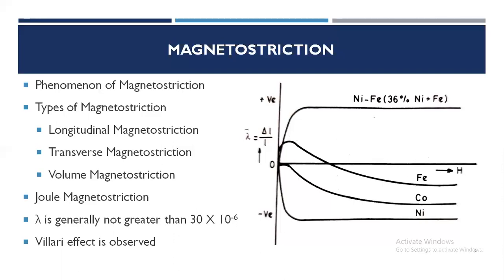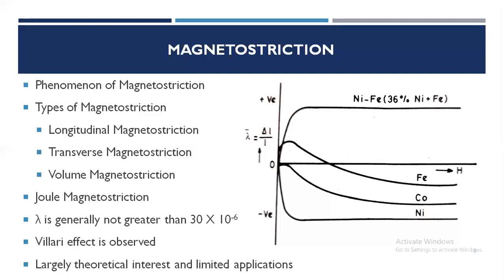The Villari effect is also observed in magnetic material, whereby a longitudinal deformation leads to a change in permeability in the direction of applied strain. In general, for a material which expands on magnetization, the permeability is raised by a tensile strain, whereas for a negative lambda material, an externally applied pull reduces the permeability.